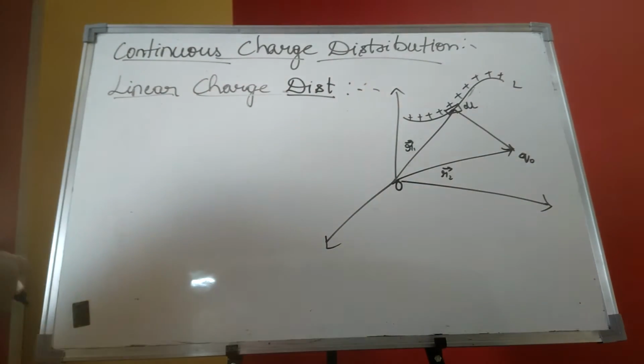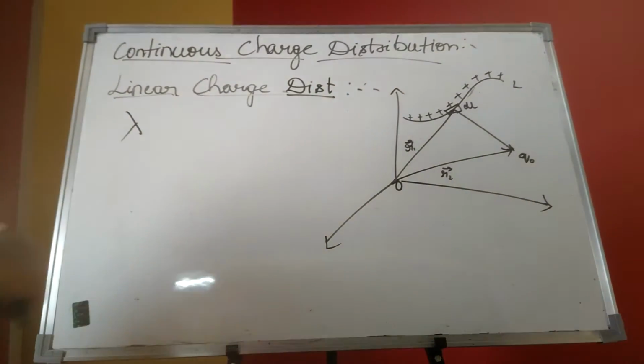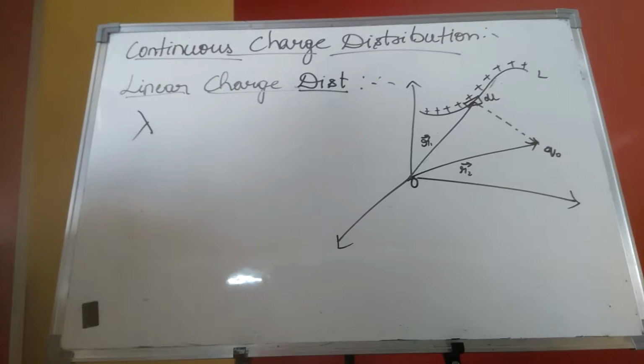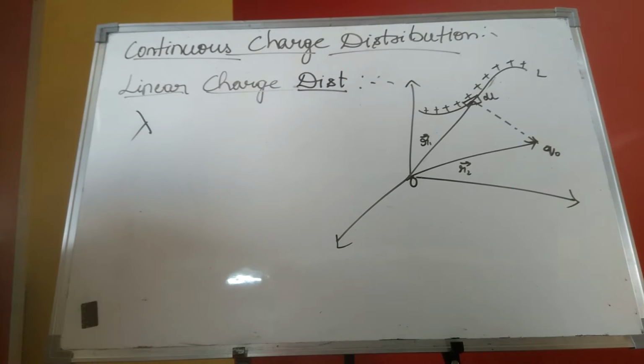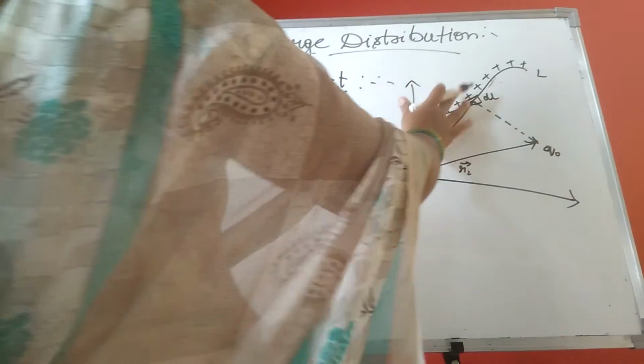Let us consider a line charge of charge density lambda. In order to get an expression for the intensity of an electric field in a linear charge distribution, let us consider a line where the charges are distributed continuously.